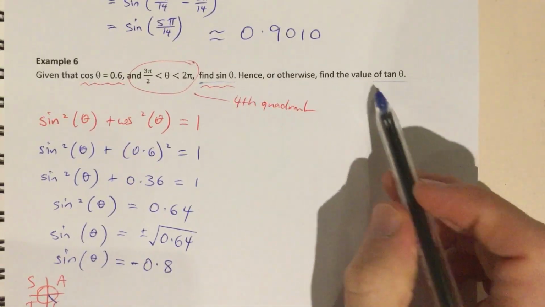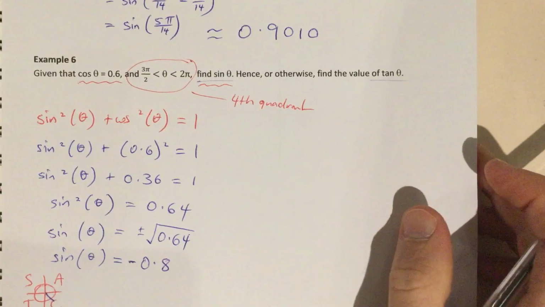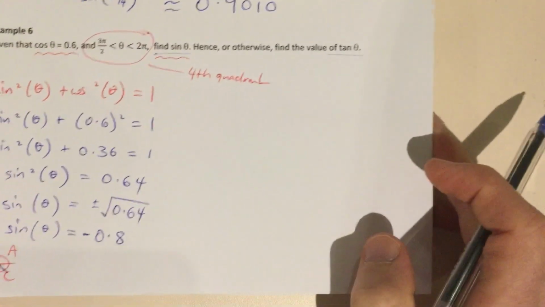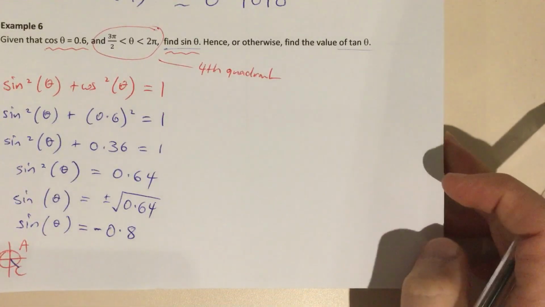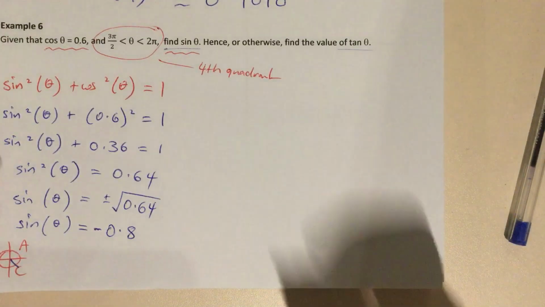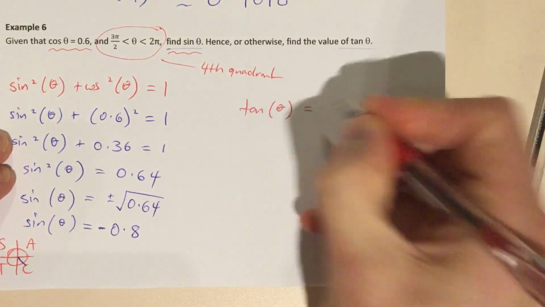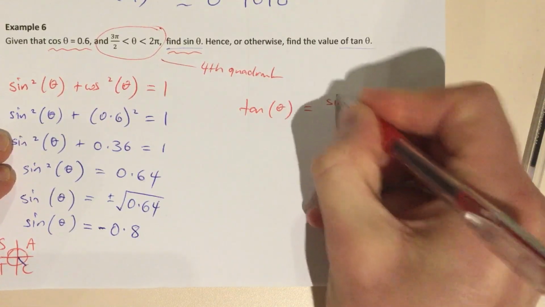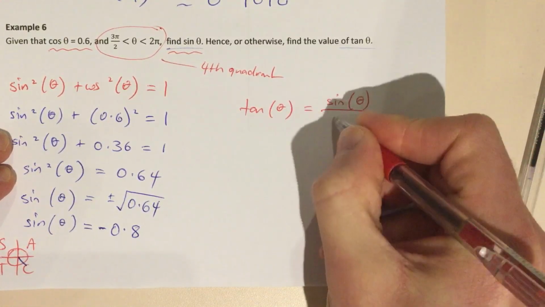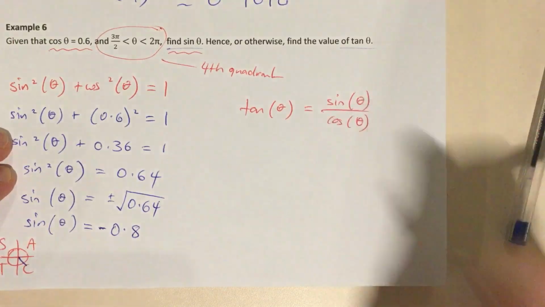Second part of the question was to find tan theta. There's a couple of ways you can do this, but in my opinion, the easiest way is to say, okay, now we have sine and we have cosine. We can say, let's put it in red because it's a formula, that tan theta equals sine theta over cos theta.